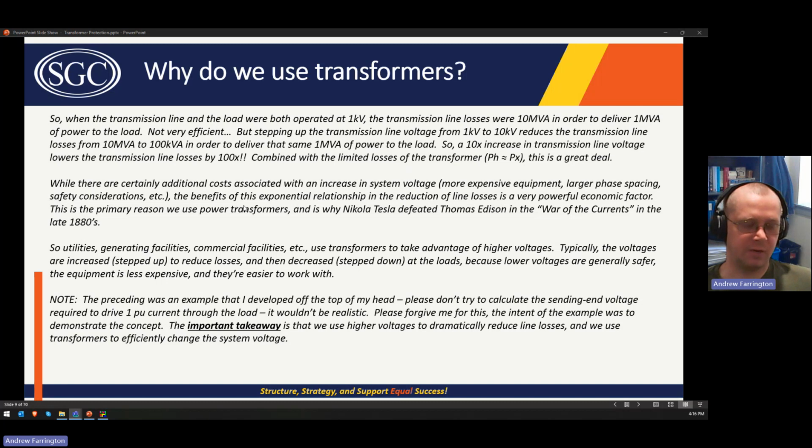Tesla was an advocate for AC current because of being able to use transformers and step up the voltage easily and transmit it over long distances, where Edison was a proponent of DC power.